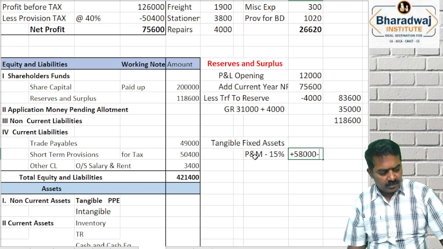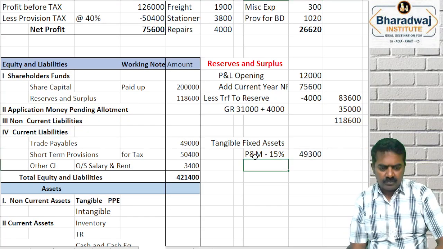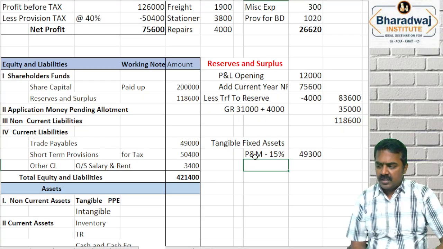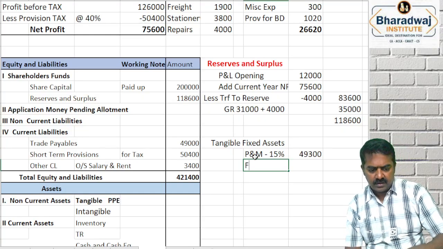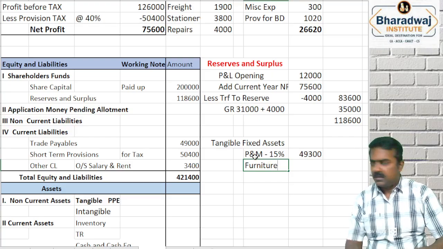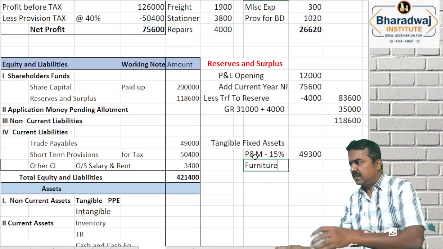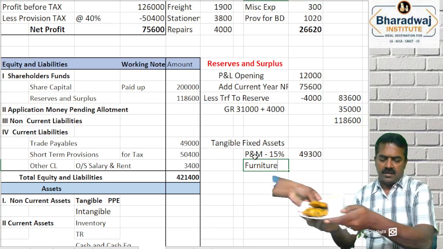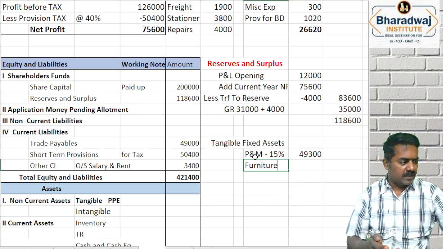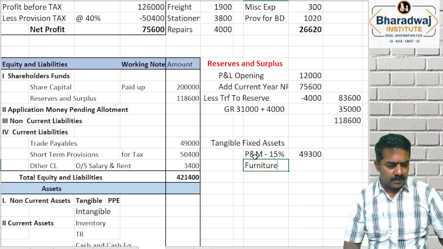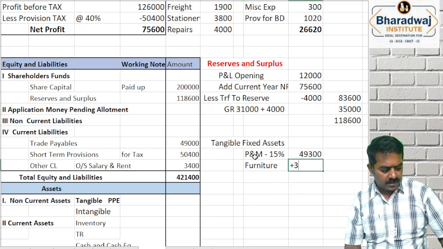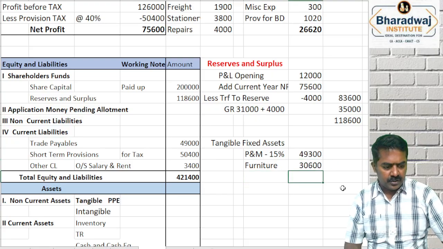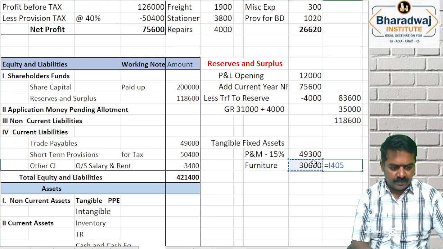Tell me how much it is. 48,000 minus 8,700. 48,800, sir. Then, what is the next asset? Furniture. 34,000 minus 10%, sir. Only these two earlier. Yes, yes, yes.